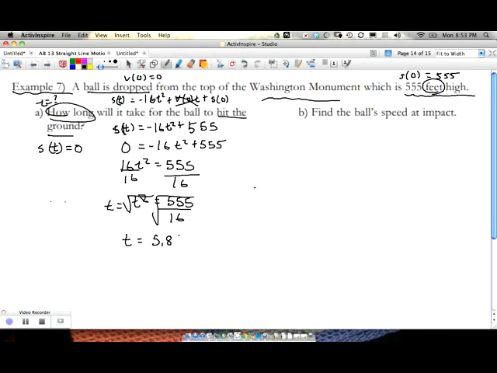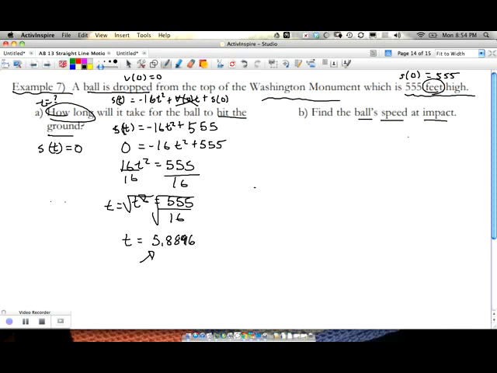So t equals 5.8896, and as we were talking about in class, kind of humorous, but still very sad. You jump out of the Washington Monument, you have this long to live. Well, not even jump, you just kind of step. You're not pushing, you're just dropping.